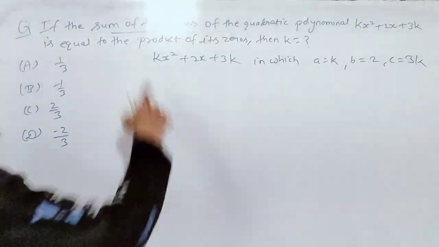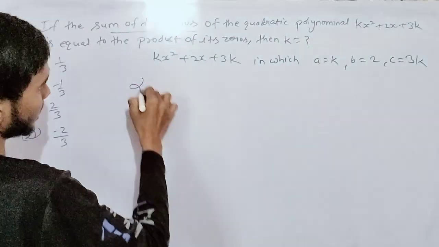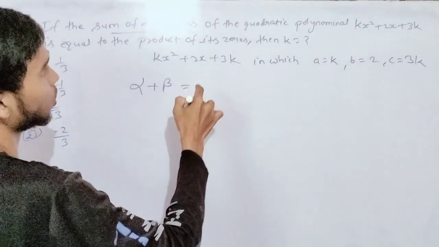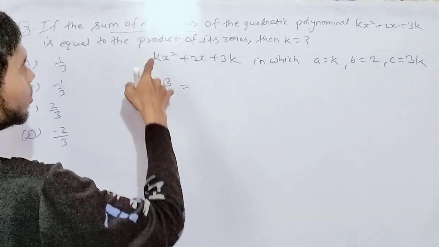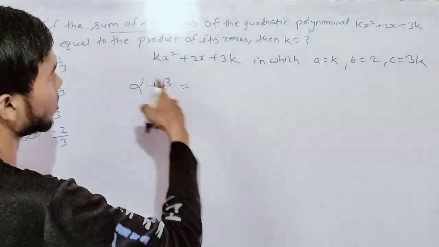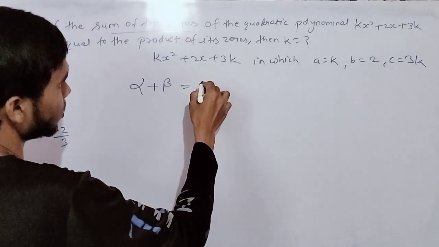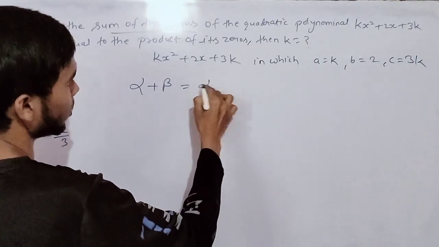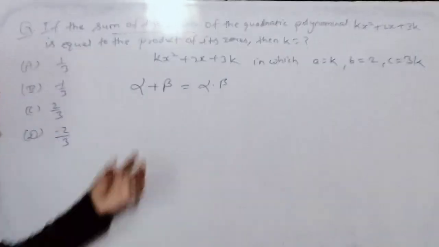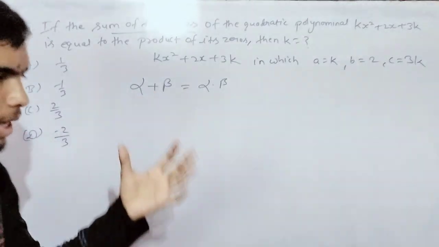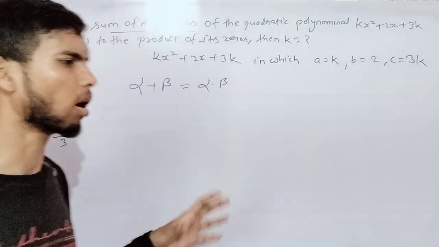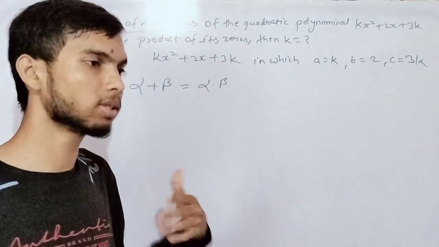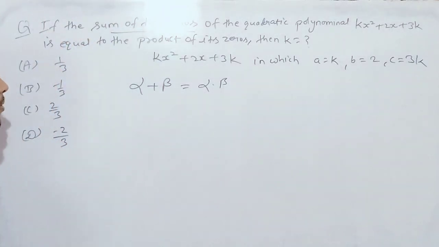Now the sum of the zeros is equal to the product of its zeros. So it is saying, let's say the value of x is 1 upon 2, then the value of this would be the same, 1 upon 2.